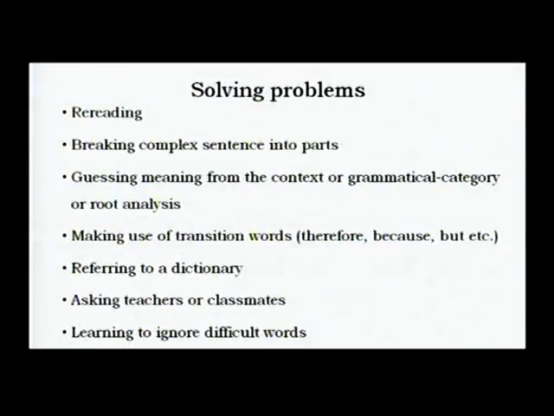The next one is making use of transition words. For example, words such as therefore, because, but, however, notwithstanding, these are all the words that we call transition words. If we have an understanding of why we are using these words, we will be able to understand the relationship among different ideas. For example, therefore talks about some kind of effect or result.